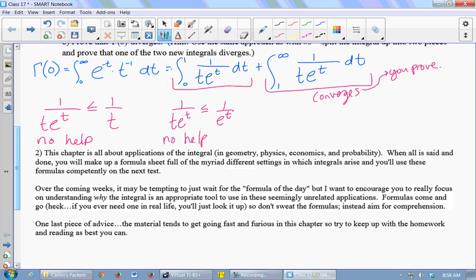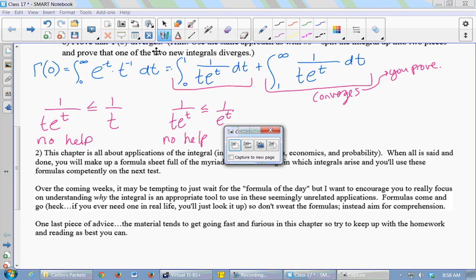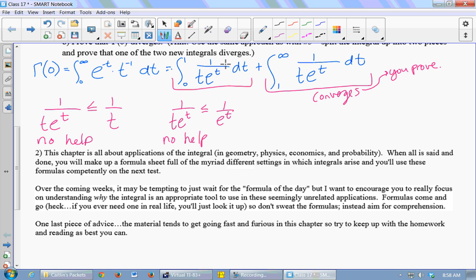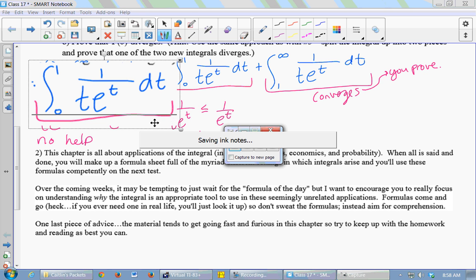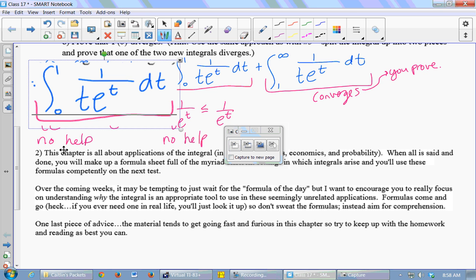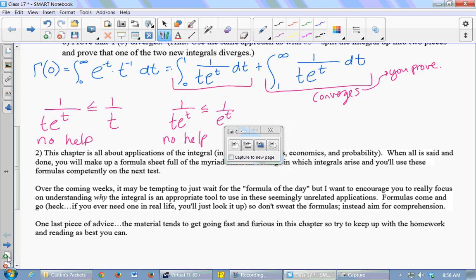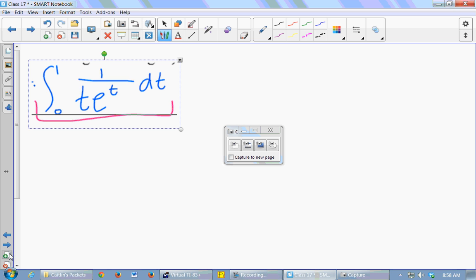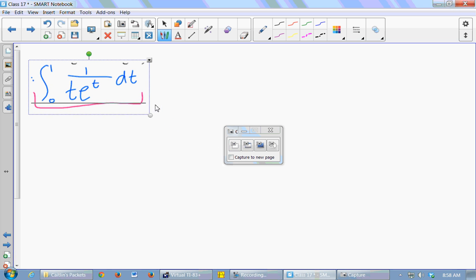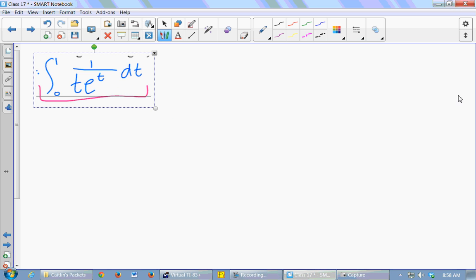So instead, I'm going to try to sandwich this integral between two other integrals.